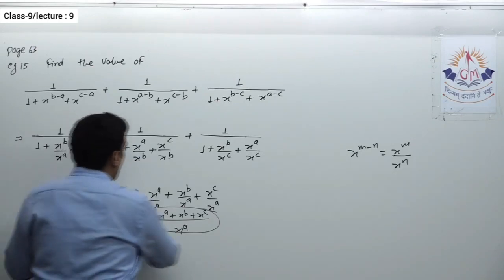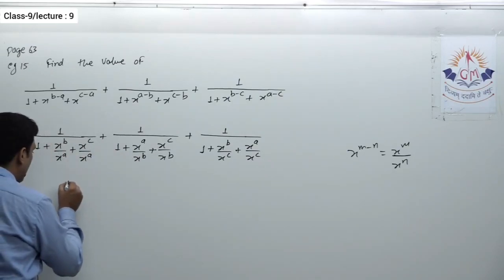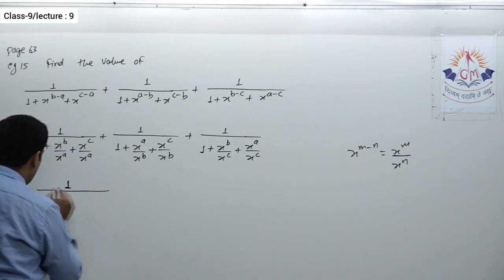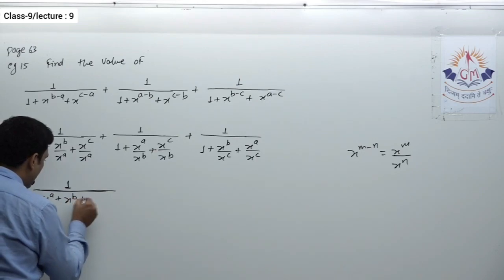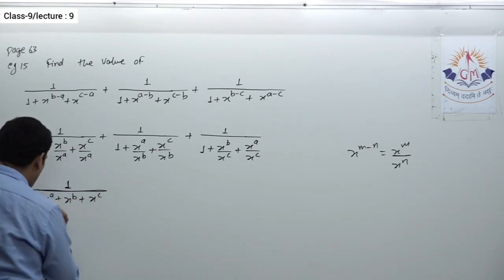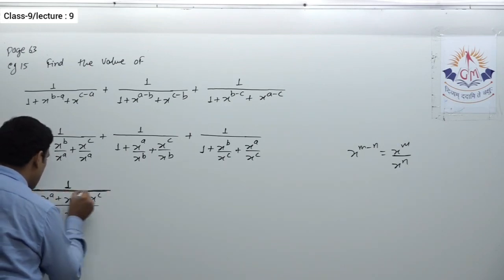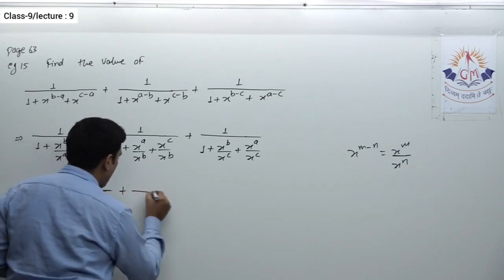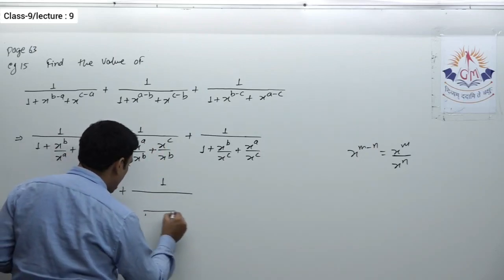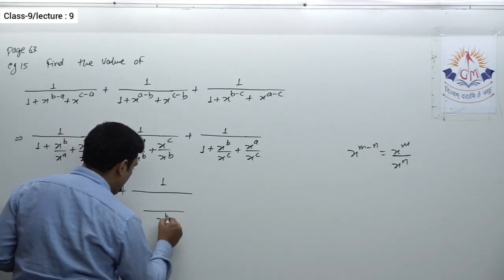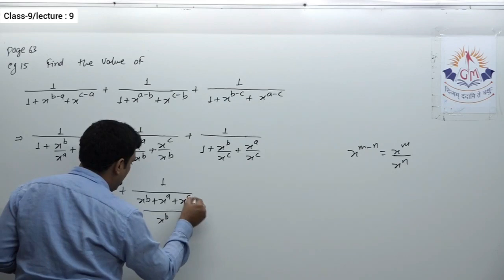In the similar way, I will simplify the denominators of all three terms. Here the numerator remains as it is, that is 1, and in the denominator I get x raised to a plus x raised to b plus x raised to c whole upon x raised to a. Plus, similarly, the numerator remains 1, and in the denominator the LCM will be x raised to b, so I get x raised to b plus x raised to a plus x raised to c.